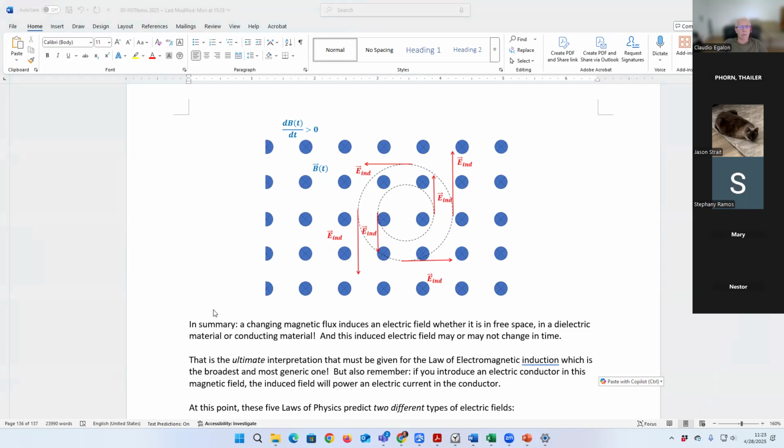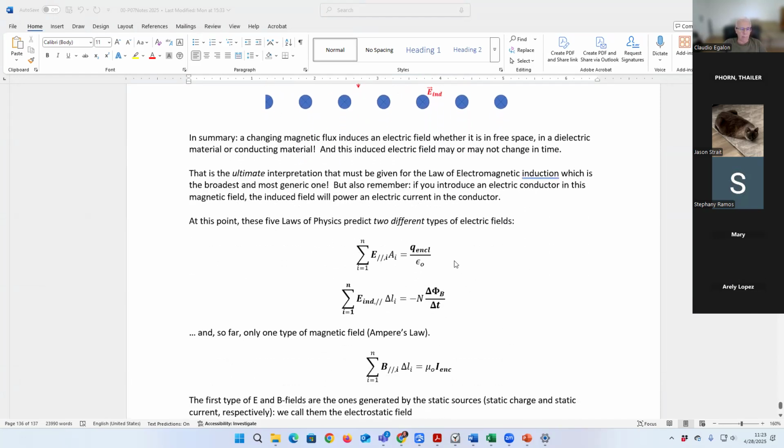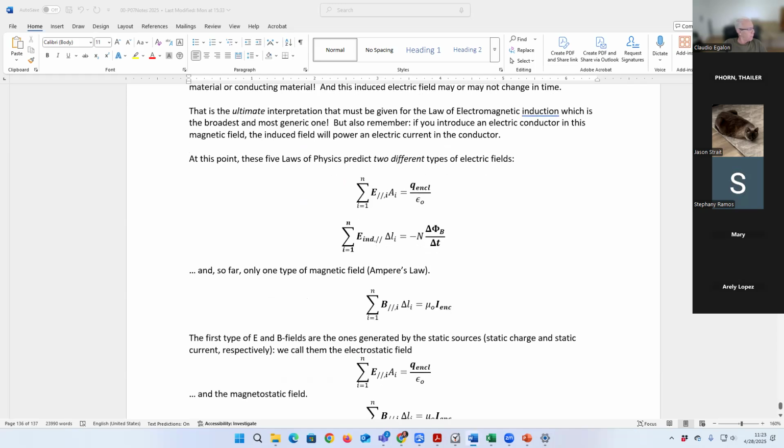So far, what I have right now is just a glimpse of an electromagnetic wave. You do have electric and magnetic fields in free space. But like I said, the whole story is far more interesting than that.